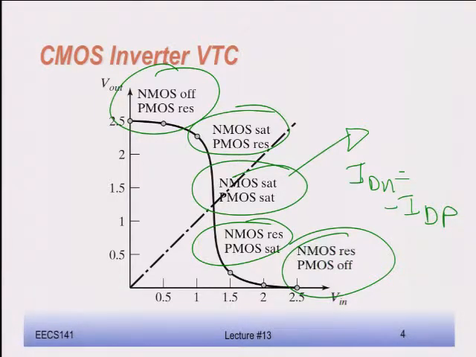They have to be equal in steady state. That's always the case. It is a DC analysis. And we write down the equation in saturation and we solve it for Vout versus Vin. And bingo, we got that. And you can then find the gain. You can take the derivative and you figure out what the gain is at this particular point.